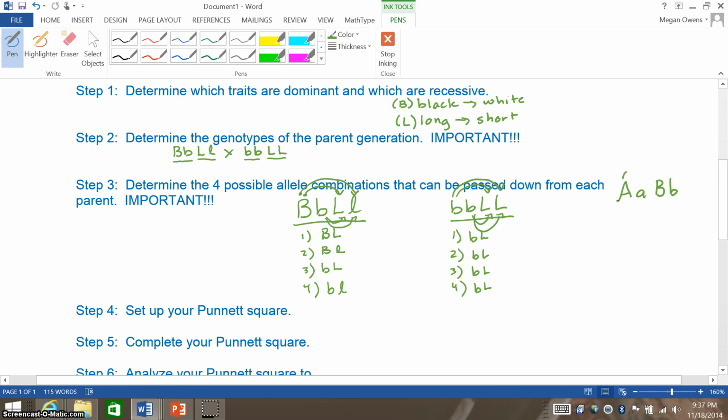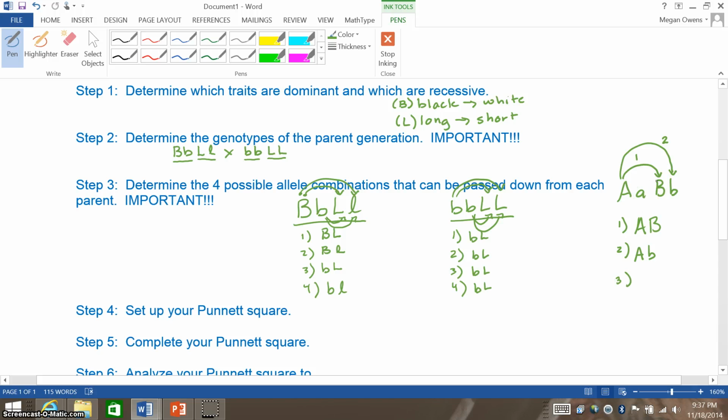I start with the first one and combine it with the first letter of a different type. That would be my first allele. It would be big A, big B. Second, I go here, I take the first letter and combine it with the last letter B. So my second option would be big A, little b.